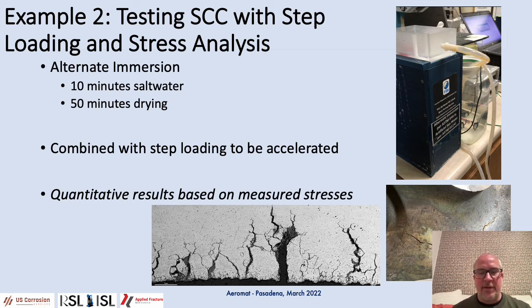With the step loading method, instead of waiting until you see a fracture occur, we can apply stresses, and then we can accelerate how quickly we're able to do the test. So instead of having to make a large number of samples that are then all applied with different stress levels, we can take a single sample and be able to quantitatively measure the stress threshold for stress corrosion cracking. And then based on that, you can do appropriate design and engineering.